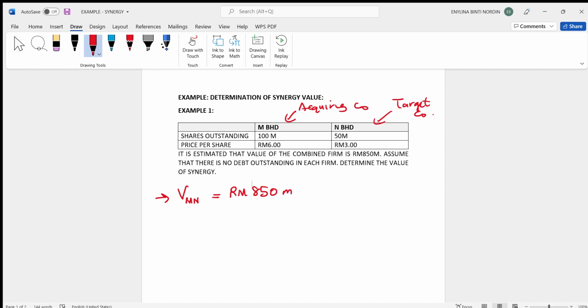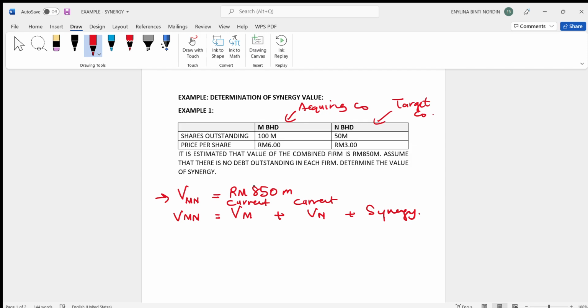So now, how are we going to calculate this value of the combined firm? I think it was already given to you in the previous video that the value of the combined firm equals the current value of the individual firms, M and N, plus the synergy.